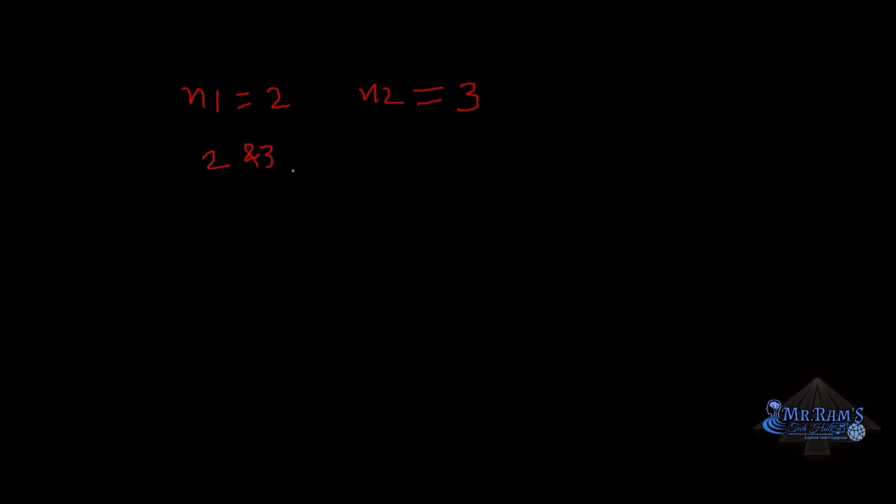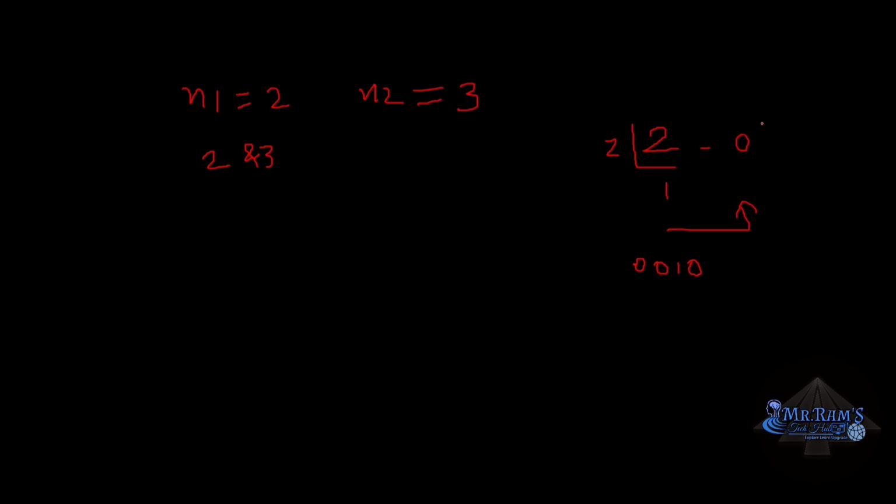To do a binary operation on 2 and 3, we need to convert 2 and 3 into binary values, right? What will be the binary form of 2? 2 ones are 2, nothing left, keep it 0. Write 4-bit values from bottom to up: 0, 0, 1, 0 is the value of 2.